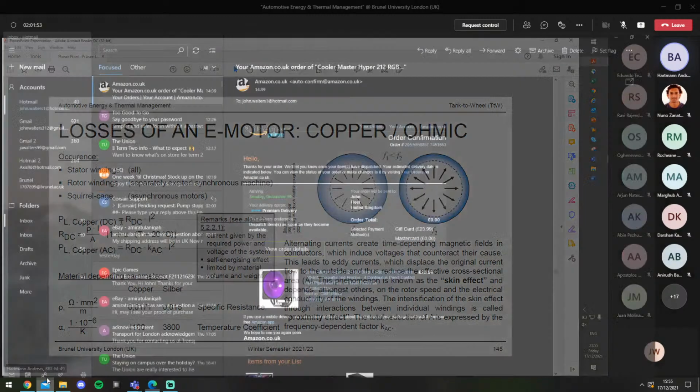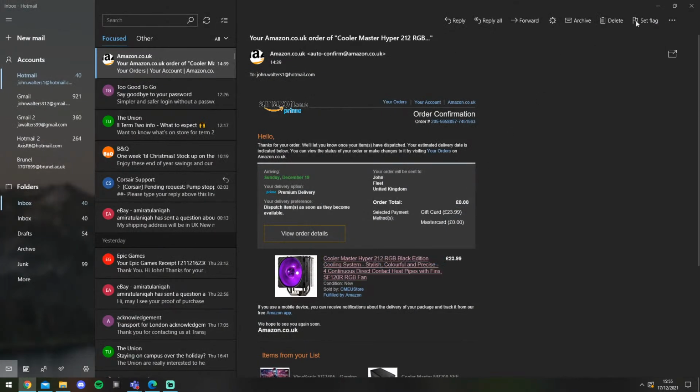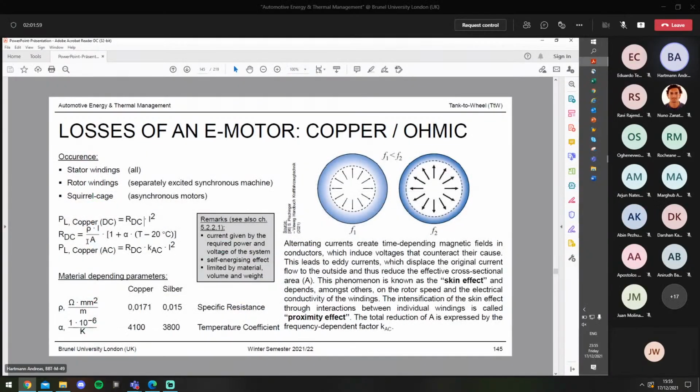And the ohmic resistance, by the way, is not only dependent on the material, but also on the temperature. And this is a self-amplifying effect.